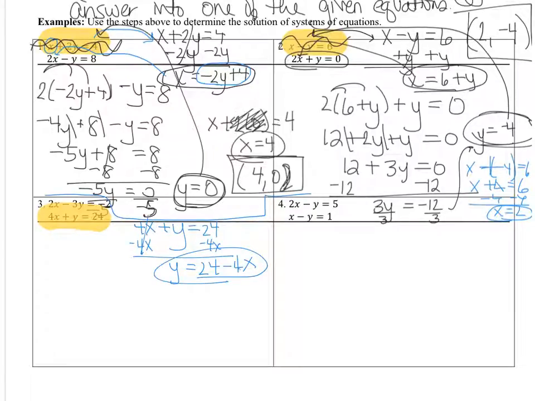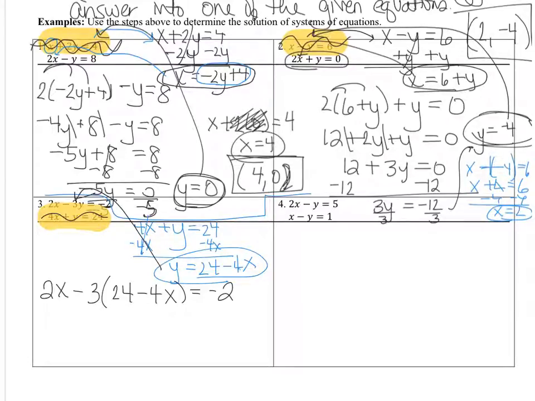Circle. So okay, from here, what do I do? Every time I see a y in this other equation, I substitute in 24 minus 4x. So 2x minus 3, I see a y, open parentheses, 24 minus 4x, equals negative 2.